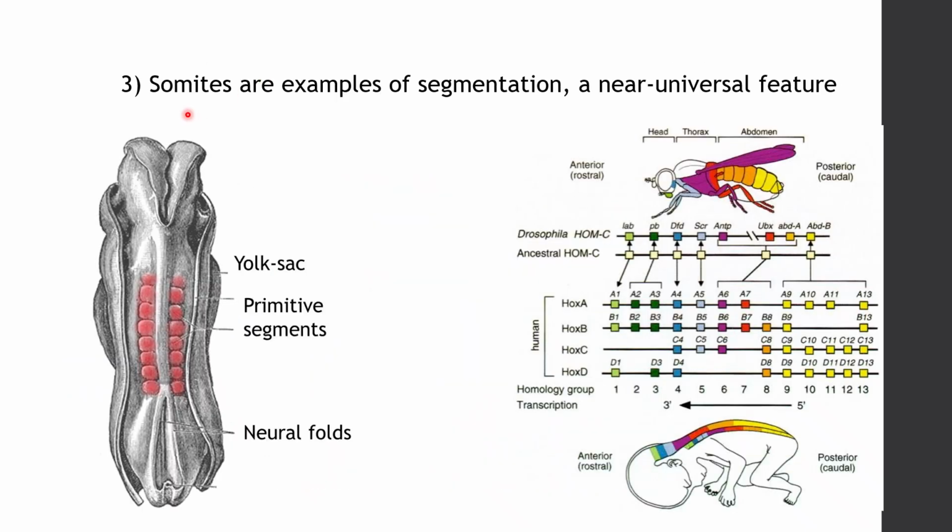We talked about somites, which are an example of segmentation, a pattern that is a universal feature in animal development, and that we will see appear later during the semester when we talk about the Hox genes and other examples of segmentation.